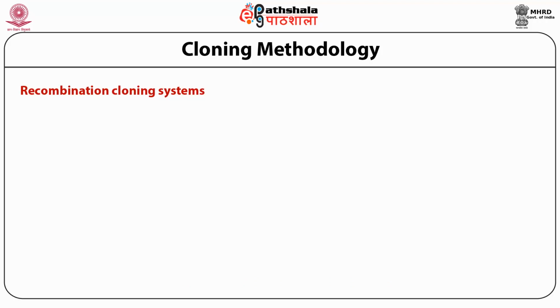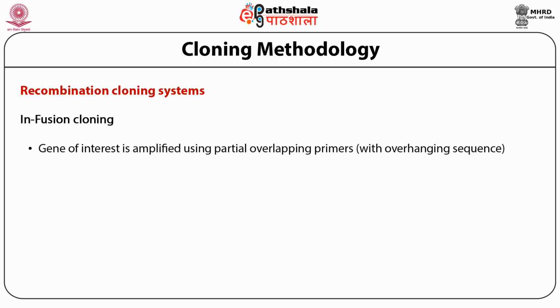Recombination cloning system. In this, unlike the previous three systems, we use recombination as an approach to clone our gene of interest into a vector. In infusion cloning, the gene of interest is amplified using primers with partial overlapping sequences, and these primers have overhanging sequences which allow us to amplify a large DNA sequence.